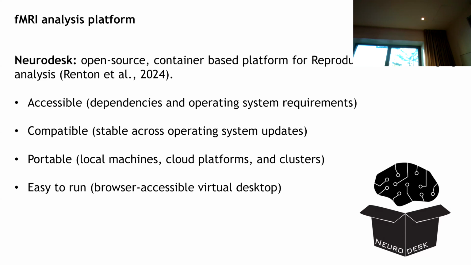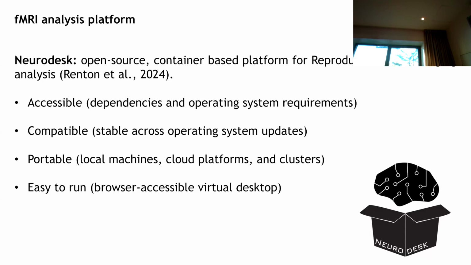So there are 4 characteristics. It's accessible. That means it manages dependencies and different operating systems, so you can run it on different operating systems. It's compatible in a way that it's stable. As I showed you, if you move from one OS to another one, it will not change as it's independent.